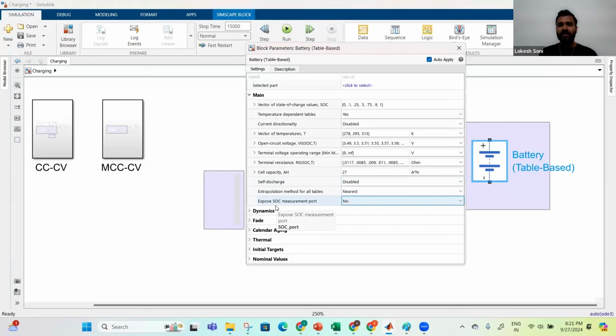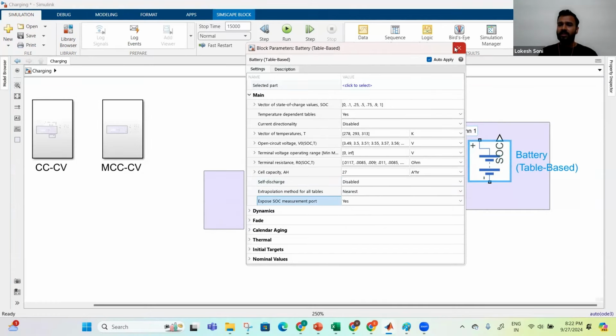We cover these things in detail in our course, but can't do it now. Why I say that it does the BMS thing also is because here the option is there to expose SOC measurement. That means SOC estimation is happening in this block, and that basically happens in the BMS. Since this block gives that option, it has the BMS behavior in it also. So I am taking SOC out.